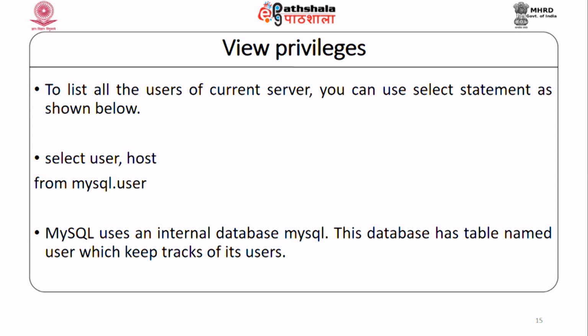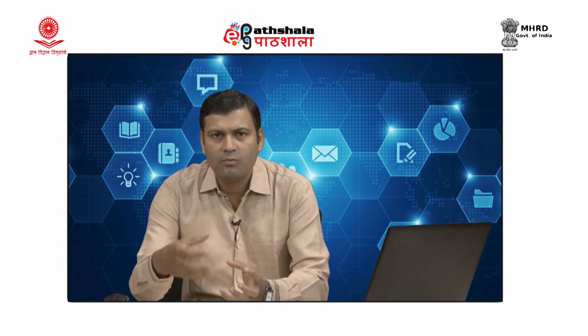To view privileges, you can use this statement: SELECT user, host FROM mysql.user. As I said, mysql is a built-in database for MySQL. You can consider it a data dictionary, because in an RDBMS whatever you create is also stored as a value in a table.